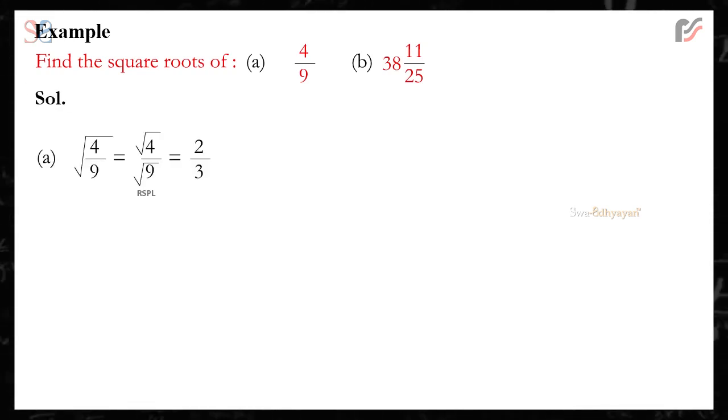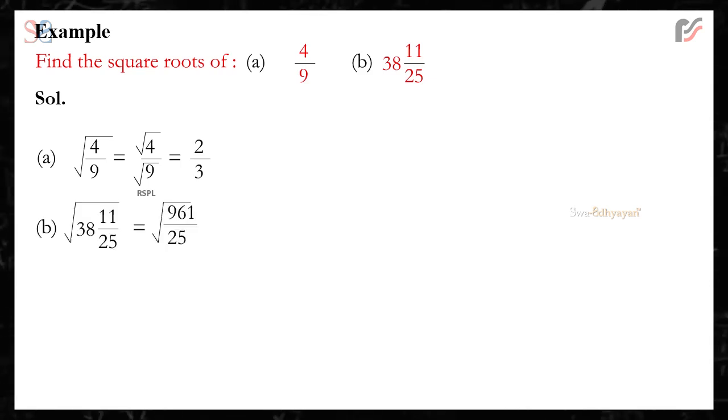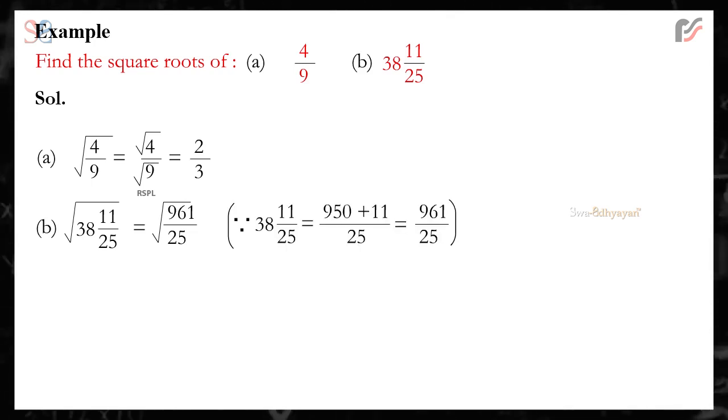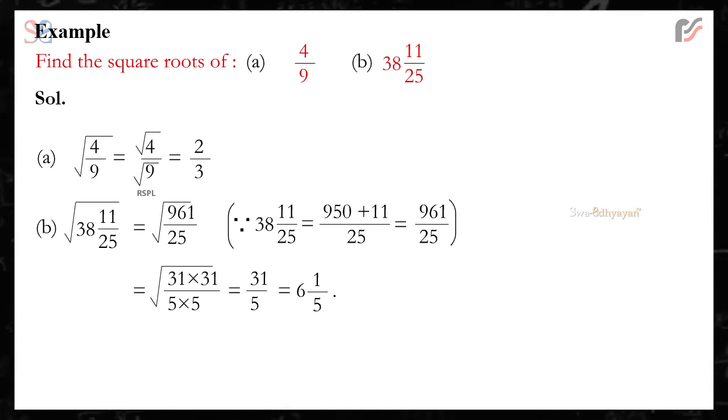A. The square root of 4/9 is equal to √4/√9, which is equal to 2/3. B. The square root of 38 11/25 is equal to the square root of 961/25, because 38 11/25 is equal to (950 + 11)/25, which is equal to 961/25. That is the square root of (31 × 31)/(5 × 5), which is equal to 31/5, which is equal to 6 1/5.